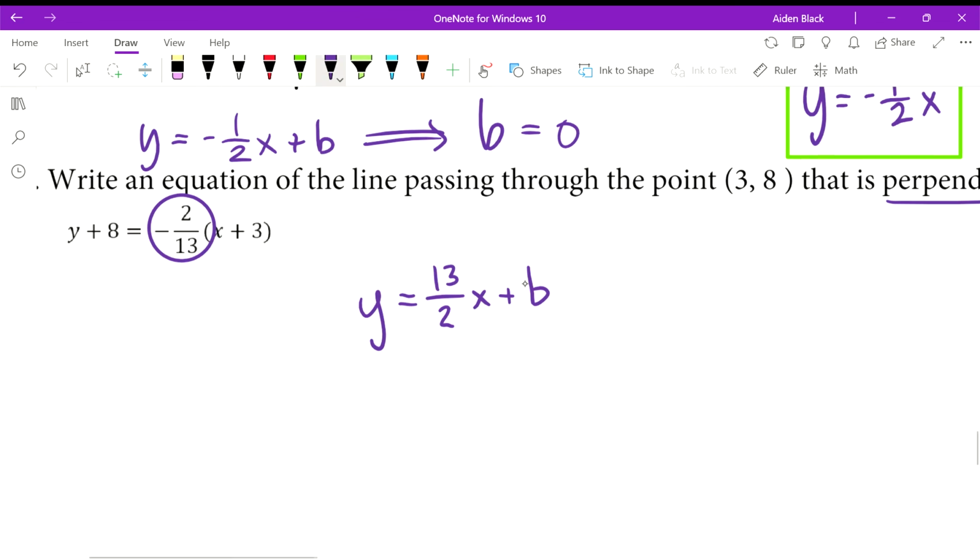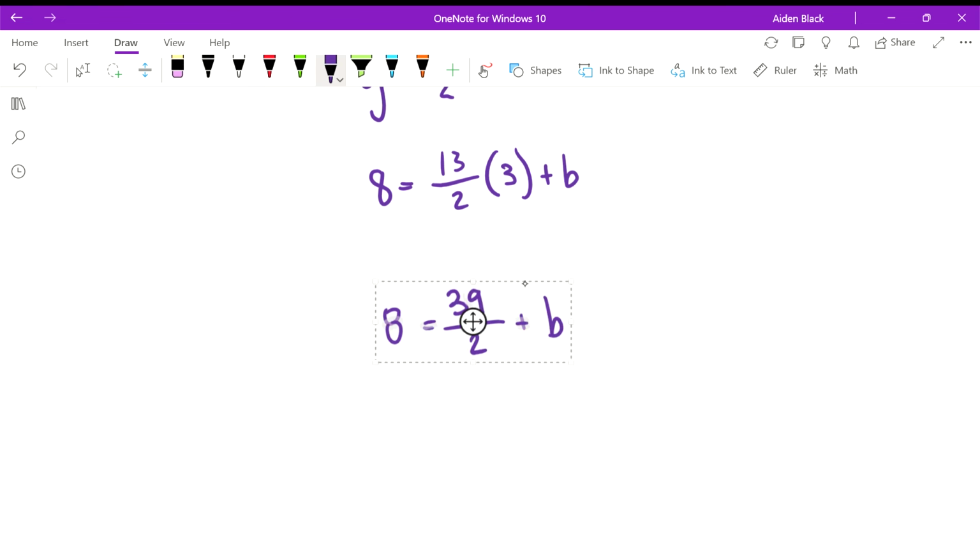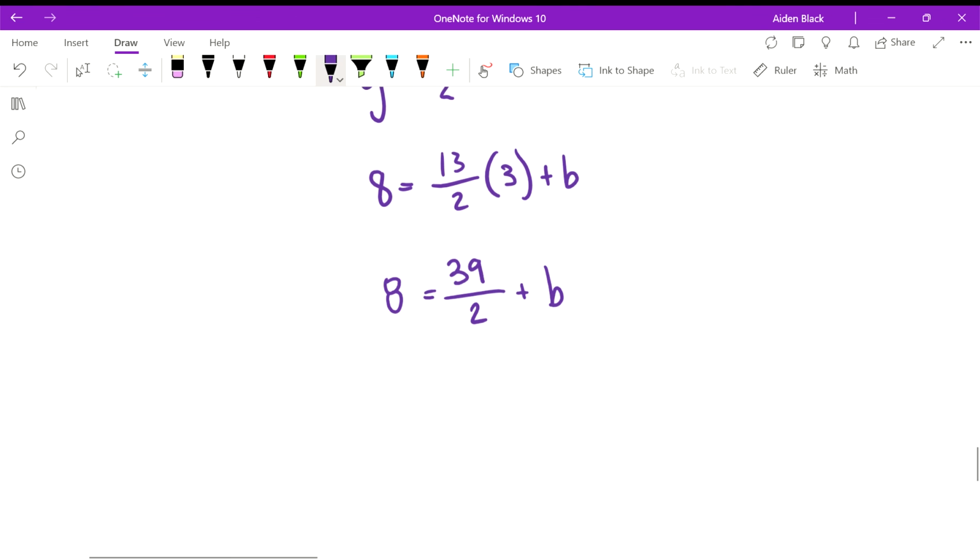So I plug in this point. Let's see, 3 times 13 should be 39. And then I need to subtract 39 halves from both sides. And 8, if I were to cut it into halves, we would have 16 halves.